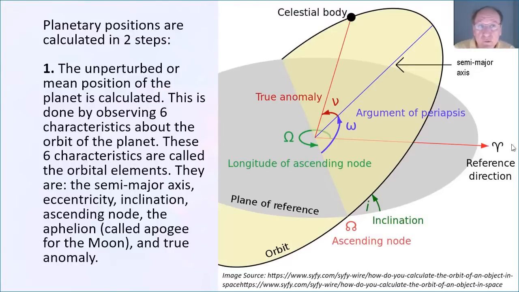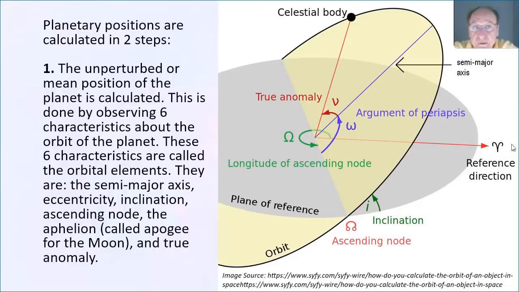So there are 2 steps to calculating planetary positions. Step 1, you determine what the 6 orbital elements are. How do you determine them? You get your telescope out and you watch the planet over time, and from those observations you can determine what these 6 osculating elements are. Once you have them, you can calculate the position of the planet.